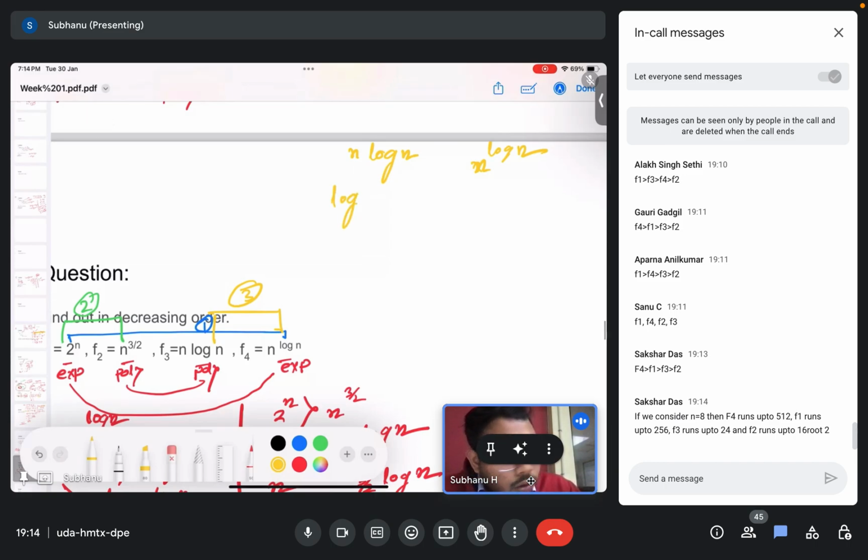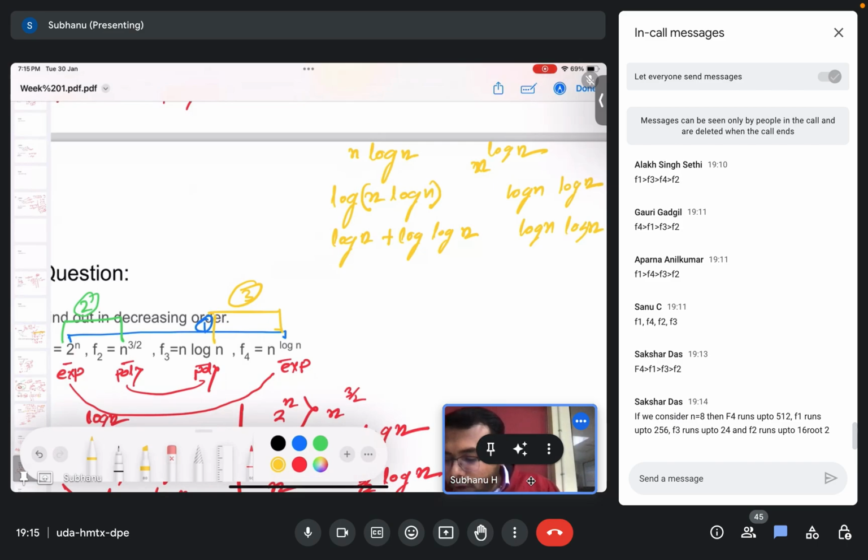If I apply log here, I will get log of n to the power log n, and log of log n to the power log n. So this is basically log n plus log n, and this is basically log n times log n.